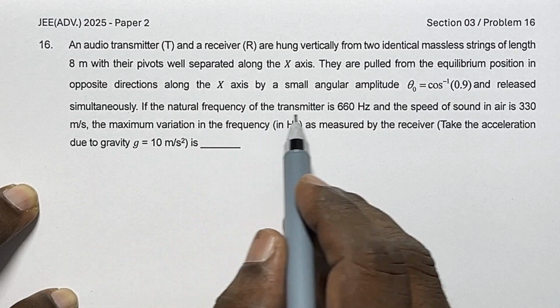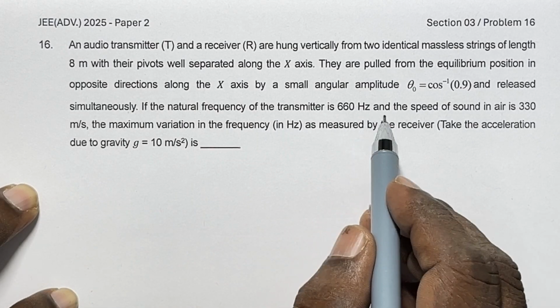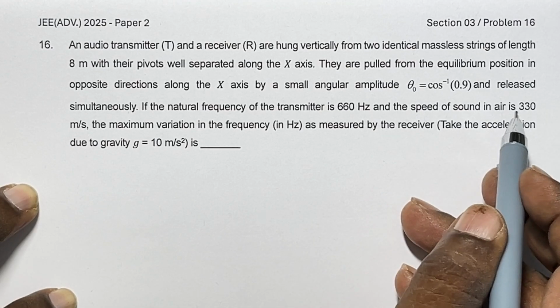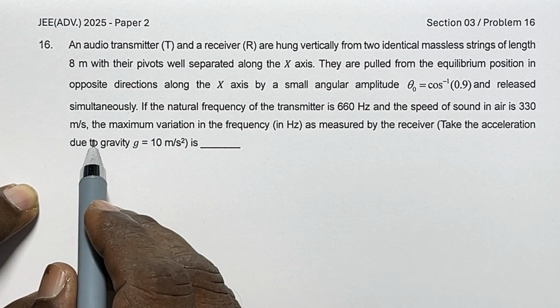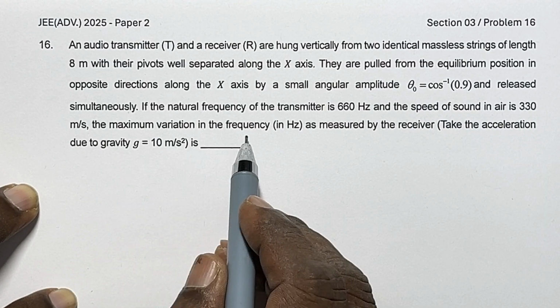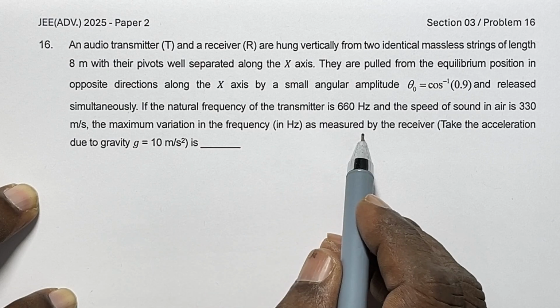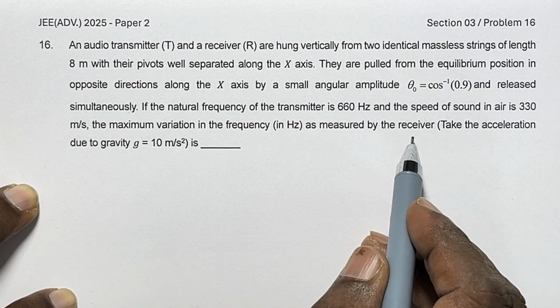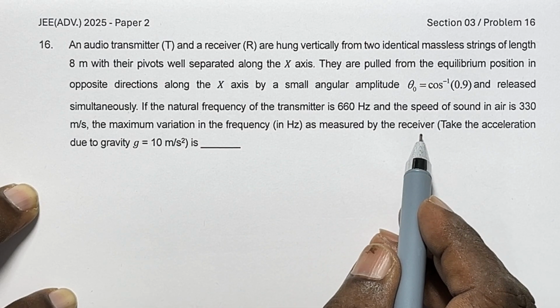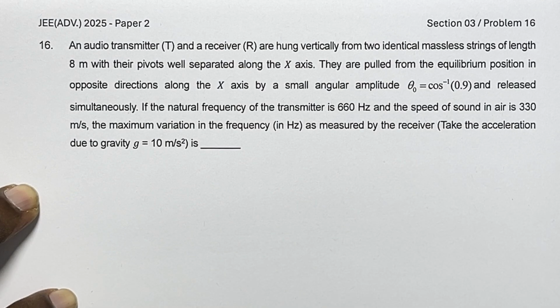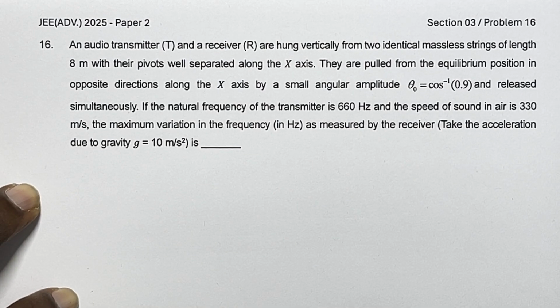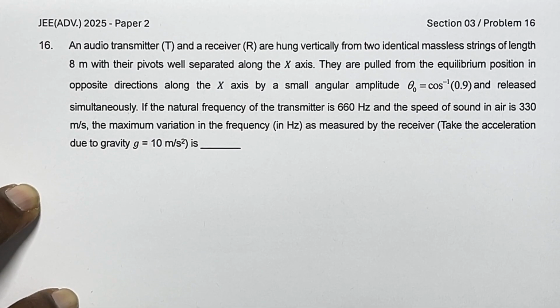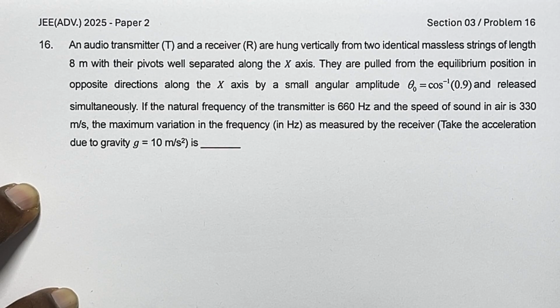If the natural frequency of the transmitter is 660 Hz and the speed of sound in air is 330 meter per second, the maximum variation in the frequency as measured by the receiver is, take the acceleration due to gravity as 10 meter per second squared.